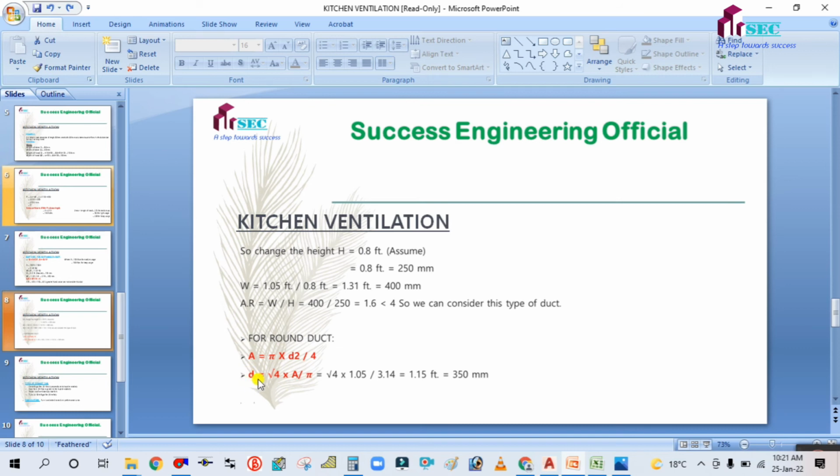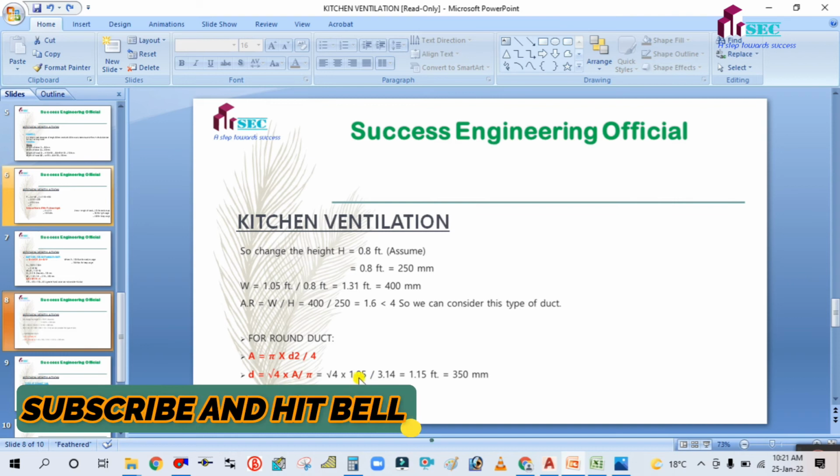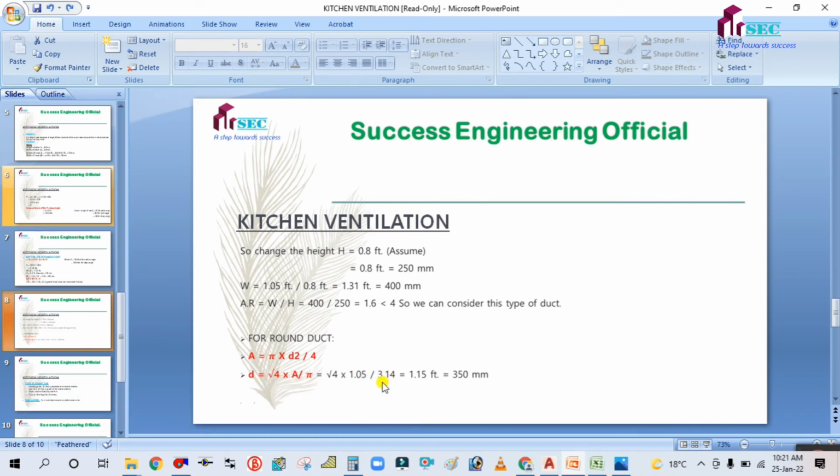This is a simple calculation. So d is equal to root under 4 into A by pi. 4 into 1.0, A is nothing but 1.0, divided by pi. The value of pi will be 3.14, as you know. We are getting 1.15 feet, and converting into mm, 350 mm is the round duct size. Okay.